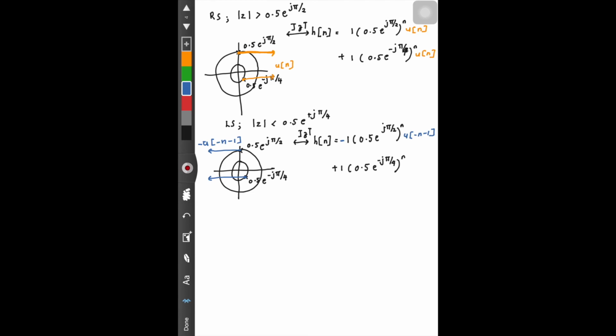For exponent minus j pi over 4 also, it is to the left, so it becomes minus u[minus n minus 1]. Then for two-sided, it is in between 0.5 exponent j pi over 4 and 0.5 exponent j pi.